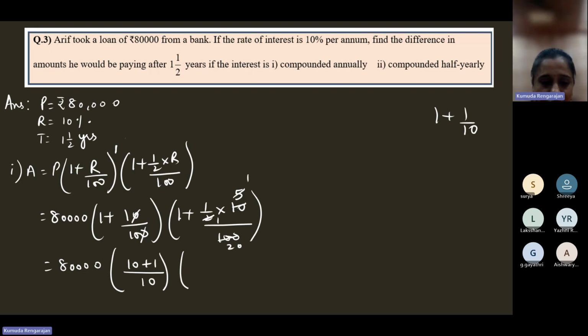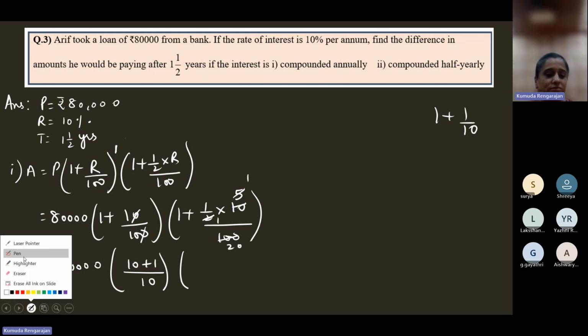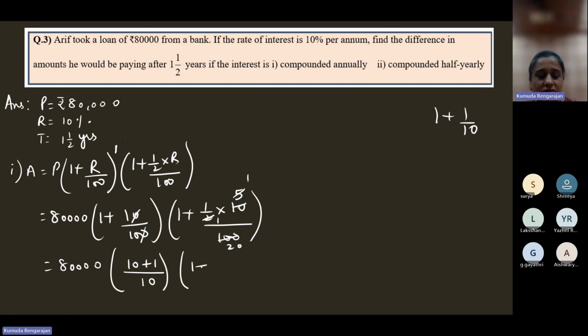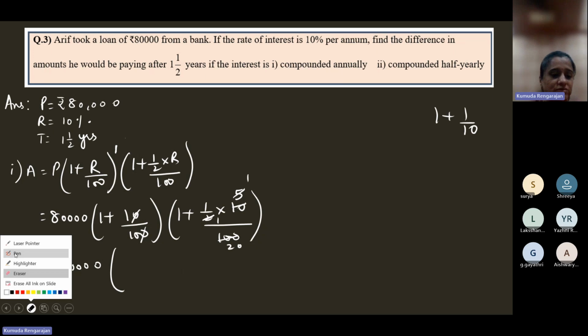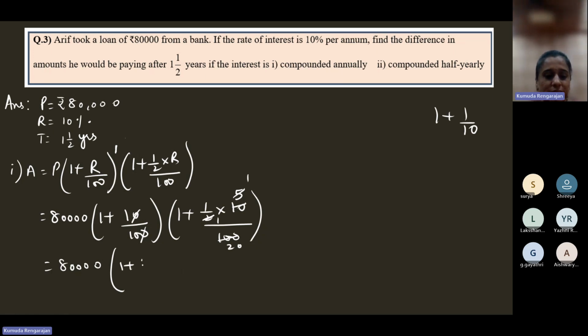So what do you have here? 1 plus 1 by 20. In the first bracket, you have 1 plus 1 by 10.